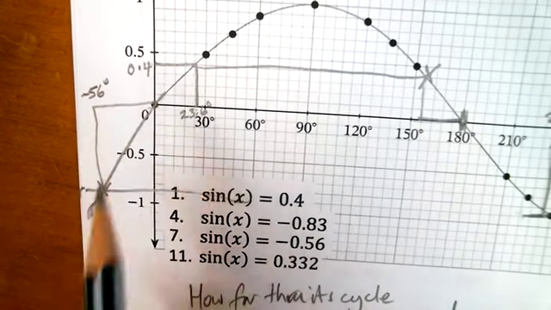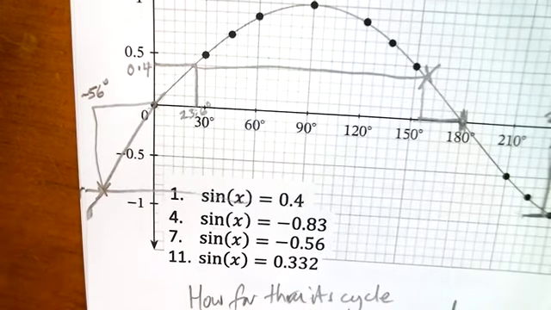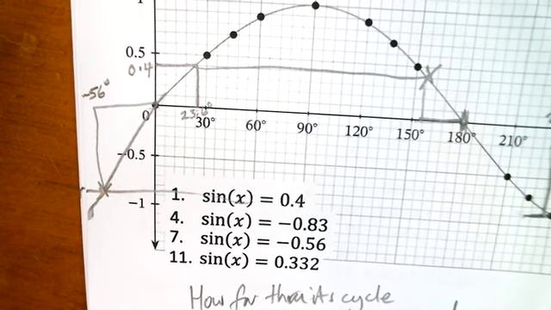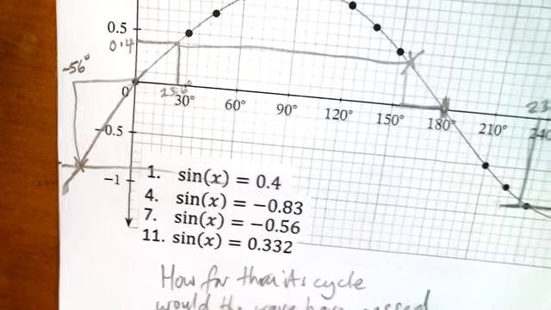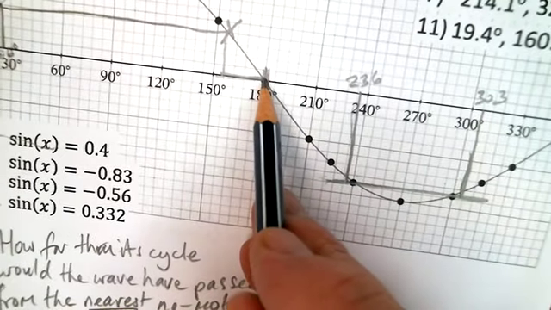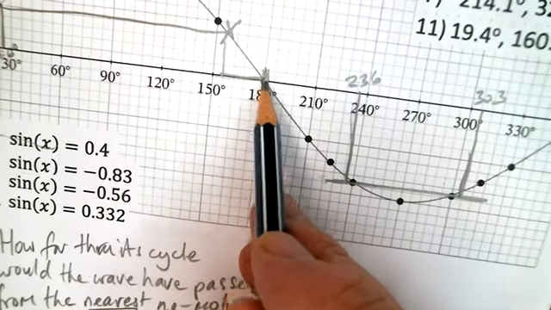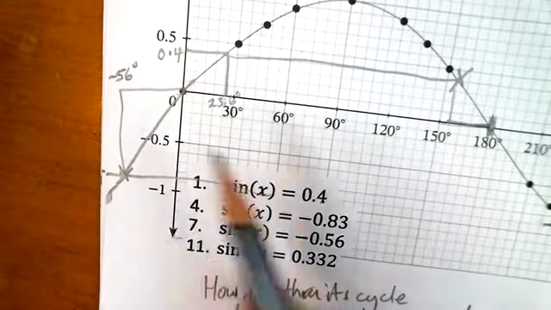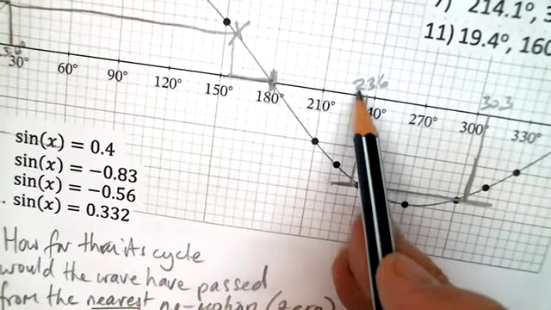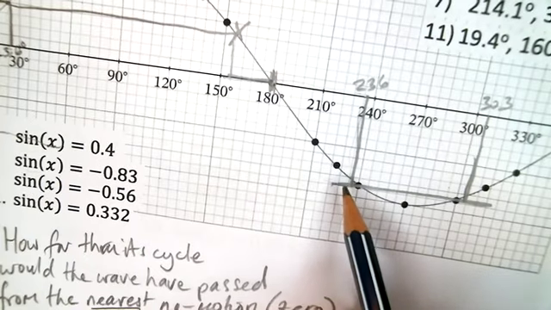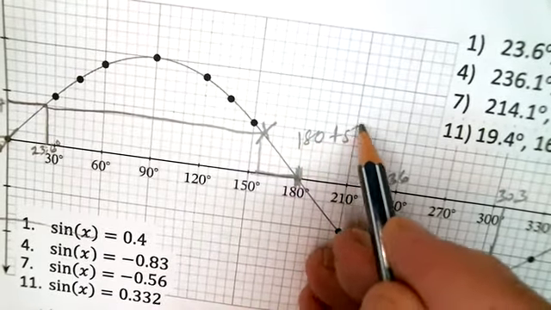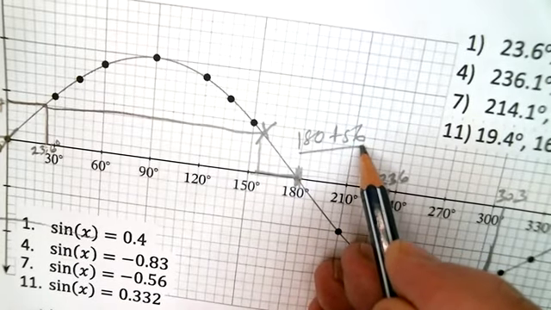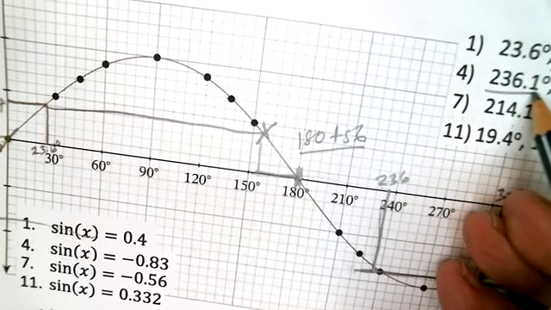So we can just go to any zero or no motion position and ask where is the nearest point that is a negative 0.83. Here's another one. If we were to travel 56 degrees in this direction, we're going to end up here. In other words, if I took 180 and added on that 56, I get 236.